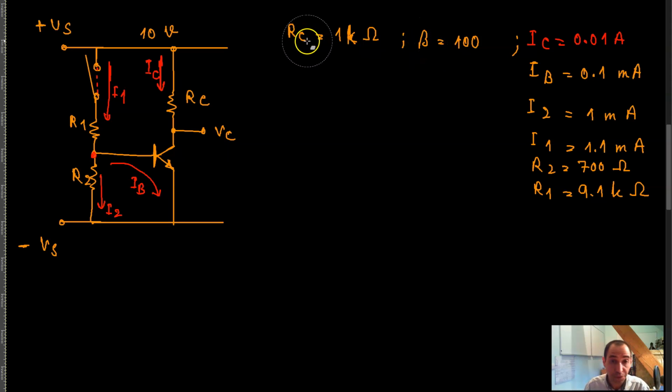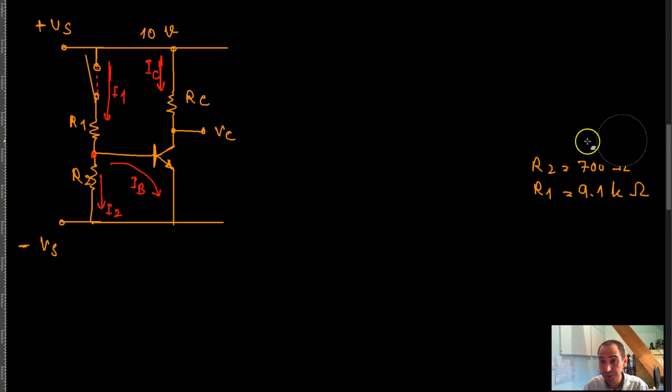So another example that we have here is, let's say that your R_C is equal to 22 kilo ohm and your beta is equal to 75, right?